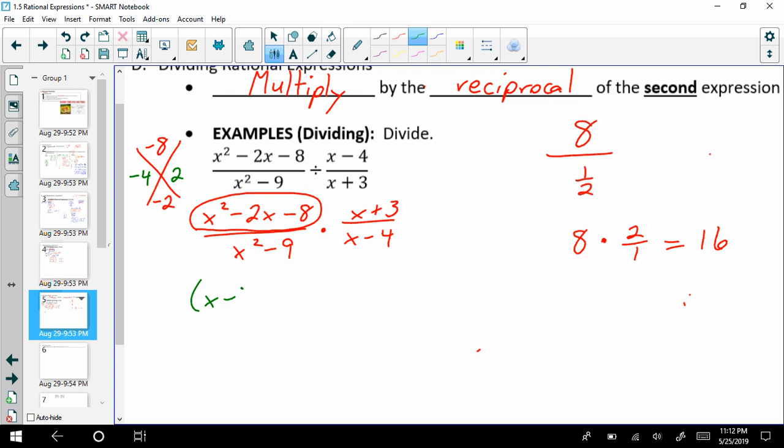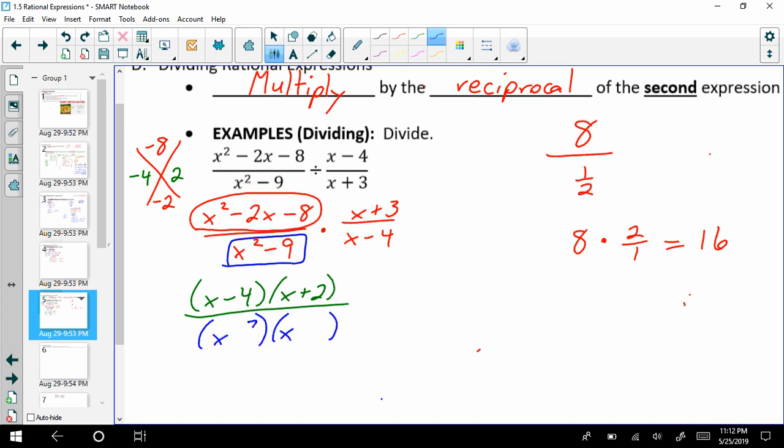So I would get (x - 4)(x + 2). And on the bottom, I want to factor x squared minus 9. That's the difference of squares. They're both perfect. So x and x, 3 and 3, one of each sign.